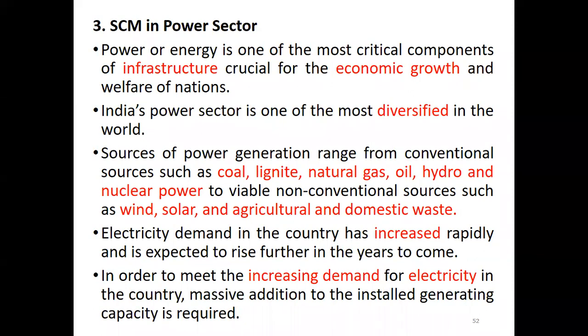That's why this is the sector where we have to invest capital and start power and energy related businesses. In order to meet the increasing demand of electricity in the country, massive addition of installed generating capacity is required. So we have to add new technologies and new resources. We should generate power and energy.